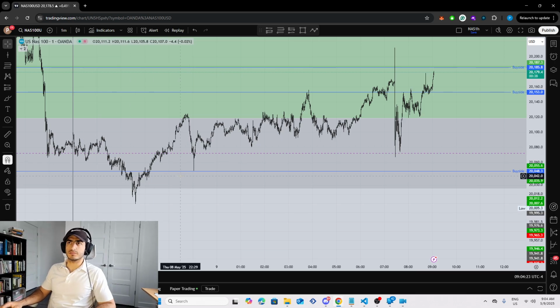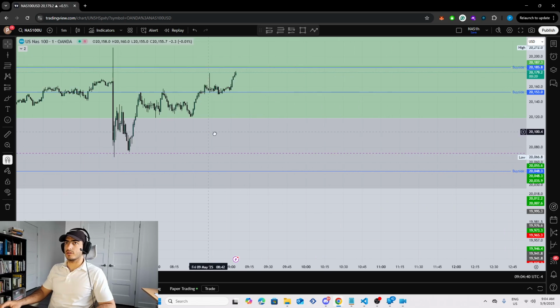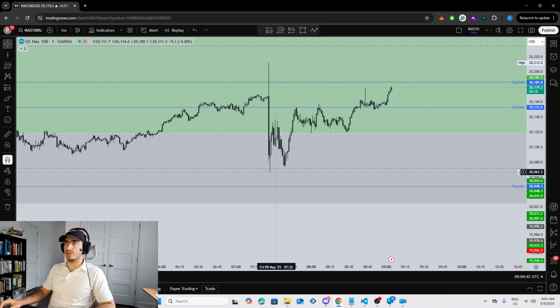So market structure was respected bullish over here. You see this big wick down. This was the low that it had to pass to become bearish. It didn't do it. Created relative equal lows, which is interesting.